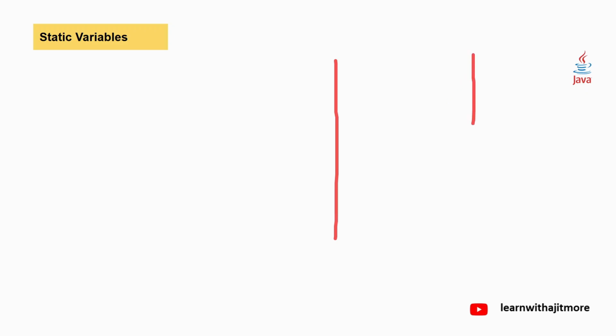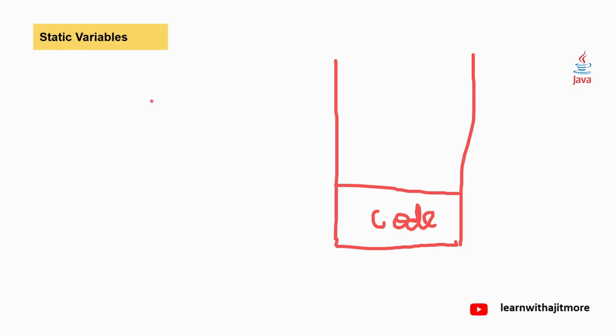Which means when the bytecode, the .class file, is coming from the disk into memory and getting loaded in the code section, at that same time the memory for the static variable is created.